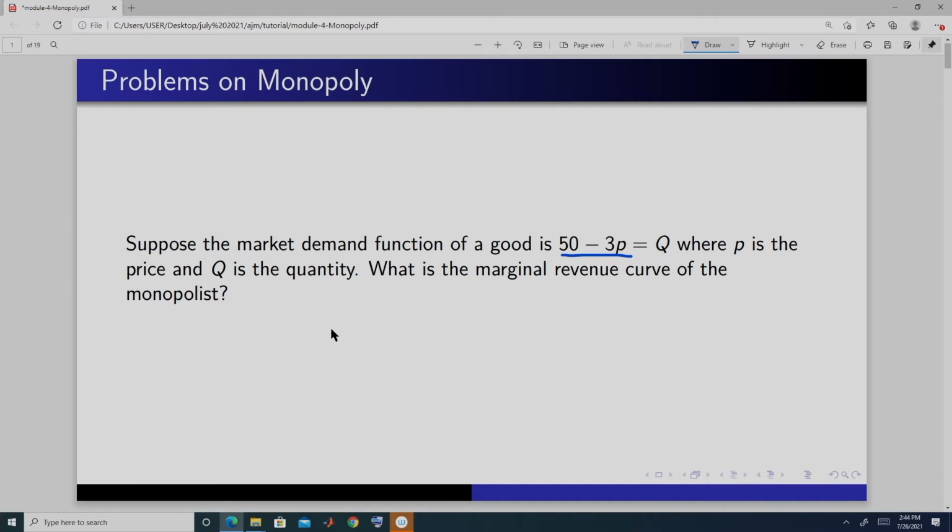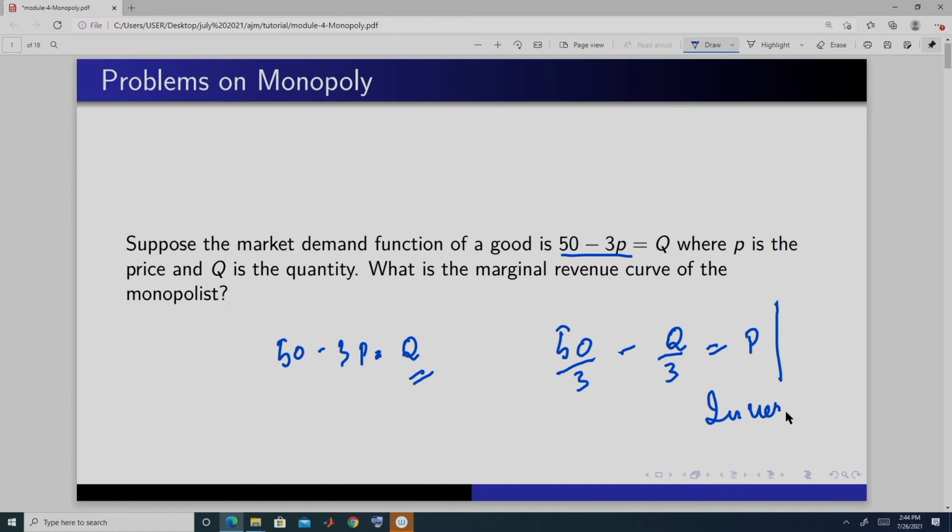Now, from this, if this is the demand curve, then this is the inverse demand curve.